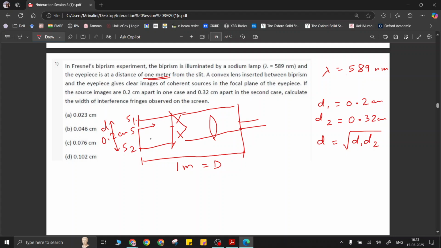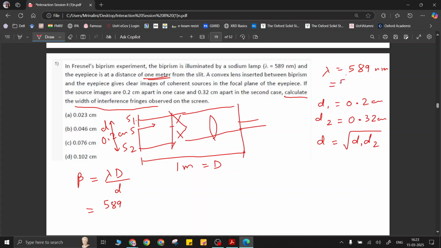Now when we know small d, capital D, and lambda, ultimately we want to calculate the width of interference fringes, that means beta. We know beta equals lambda D by small d, and here lambda is 589, given in nanometer. Our final answer is in centimeter, so let's convert this.